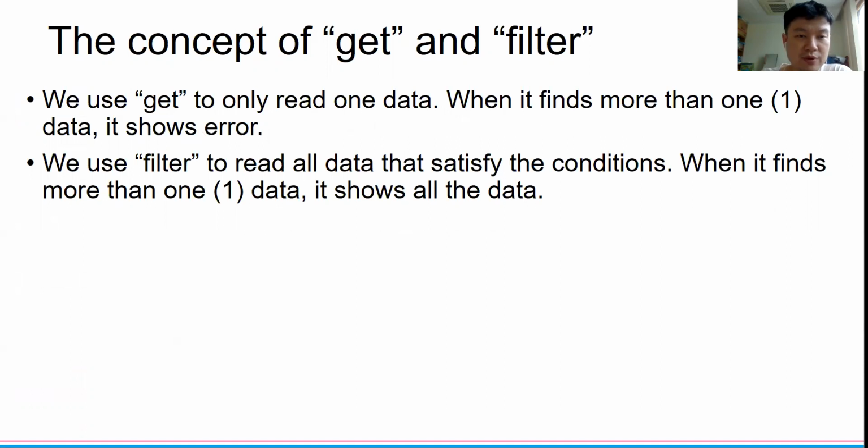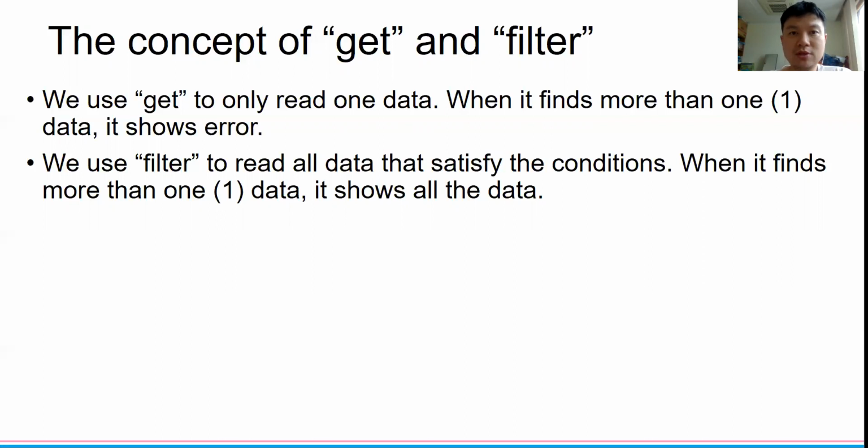If you want to get more than one data, you need to use filter. It reads all the data that satisfy the condition. So the condition should be there. For example, I want to filter the data that contains "what".